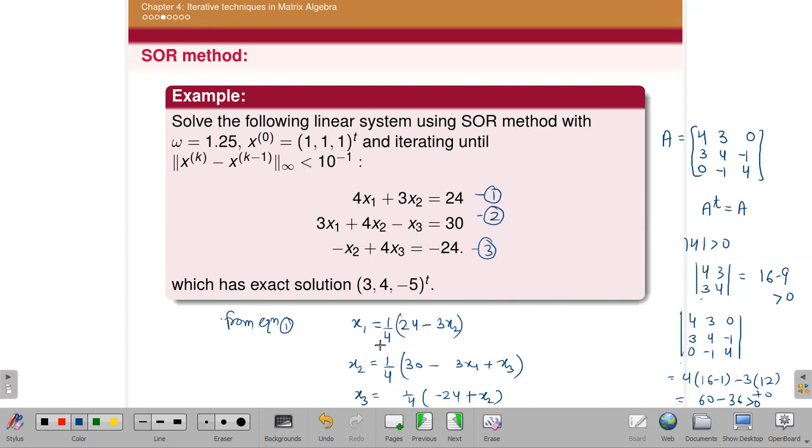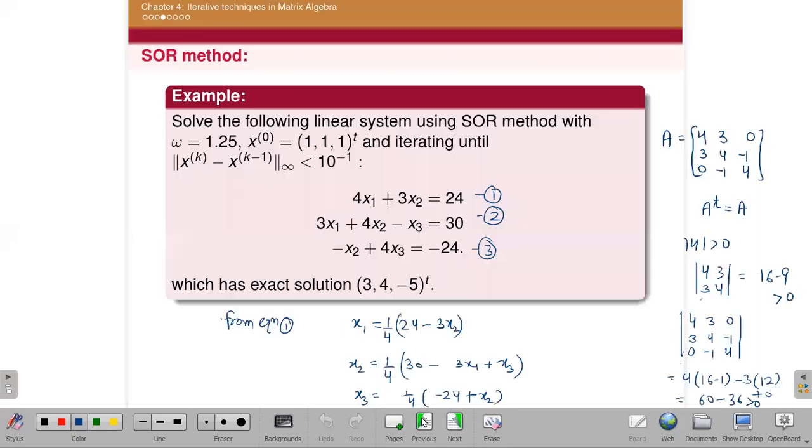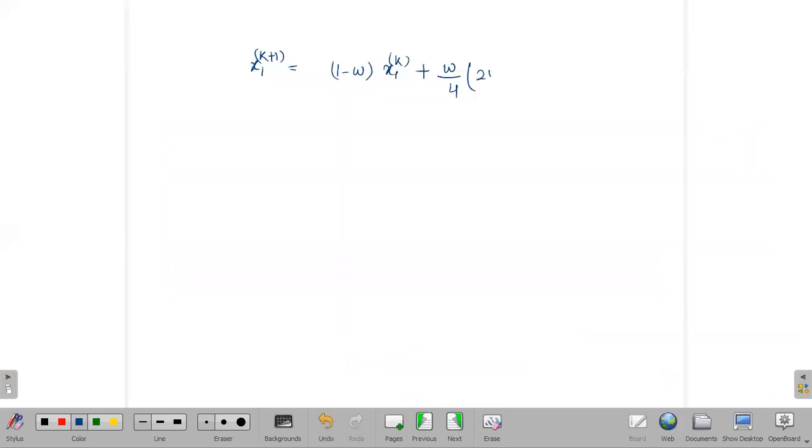So now we have checked these conditions, but here we have to add omega also. So write x1 at k plus 1. It will be the coefficient (1 minus omega) into x1 at k, that is the previous iteration, plus omega divided by 4 into (24 minus 3x2).